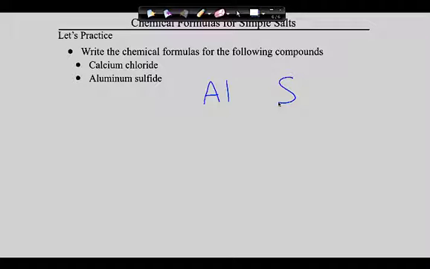You look at aluminum, element 13, that's plus 3. Then we look at sulfur. My guess is that depending on the periodic table you've got different answers for the charge. But guys, only one of them is negative. And what is that negative charge? -2.